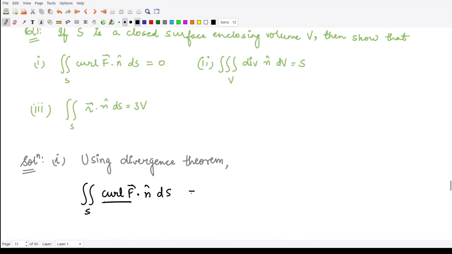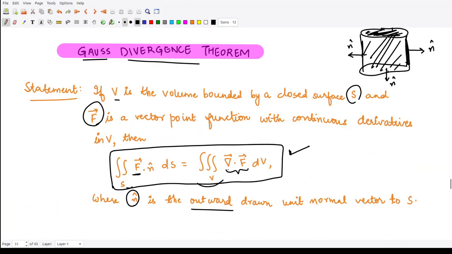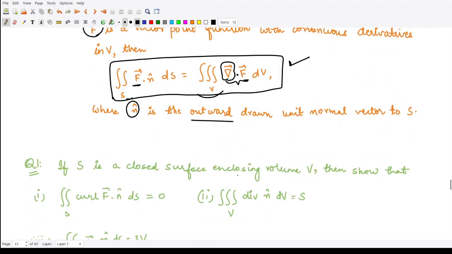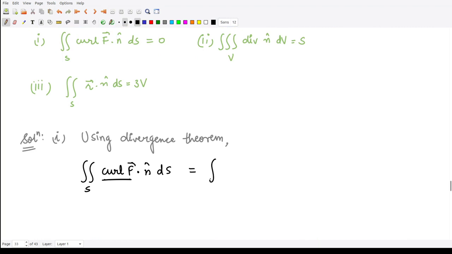So according to the Gauss divergence theorem, we will have the triple integral over V of the divergence of this quantity, curl of f, dv.